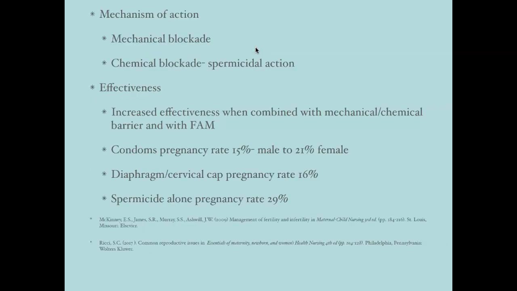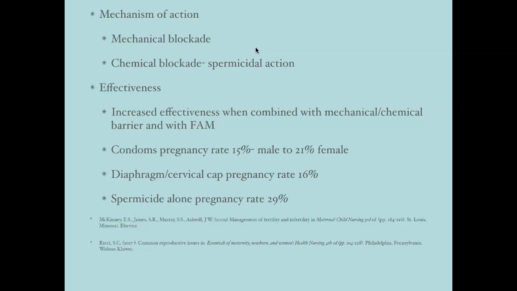Mechanism of action of these methods: they either provide a mechanical blockade so that sperm and egg cannot meet, or a chemical blockade, especially a spermicidal action that kills sperm. You get increased effectiveness when you combine these methods, mechanical and chemical, or use them with a fertility awareness method.